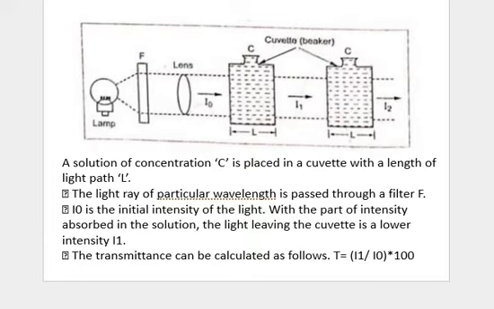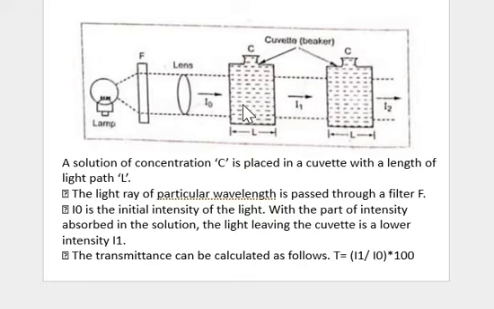Here there is some light, a filter and a lens, and there are two cuvettes, each of the same size. One contains the concentrated solution, and another is placed at a distance.